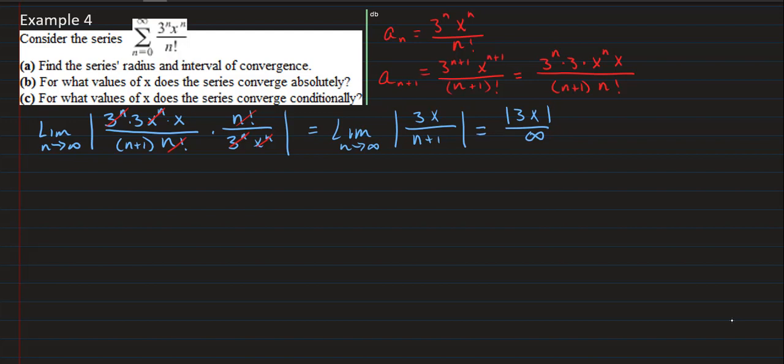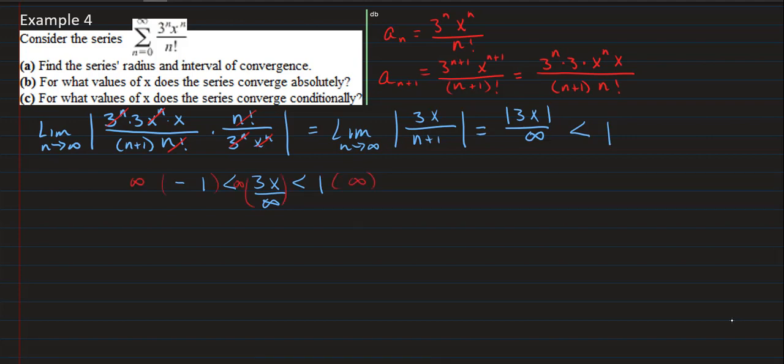x is a variable. According to the ratio test, this converges as long as that is less than 1. So we can set up our compound inequality. -1 is less than 3x over infinity is less than 1. I'm going to use some sloppy notation here. In order to get rid of this infinity in the denominator, I'm going to multiply all three parts by infinity.